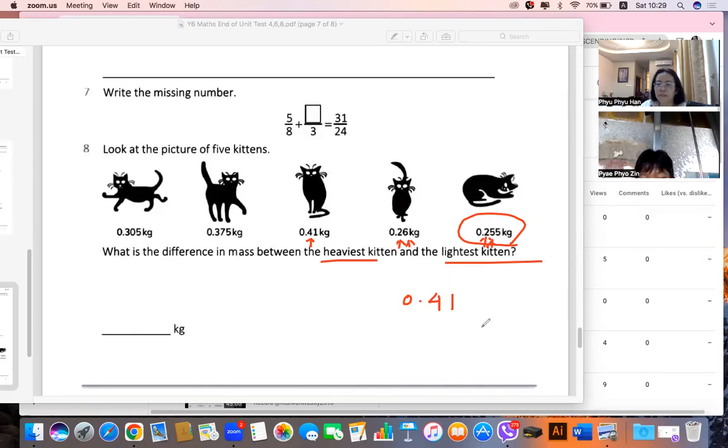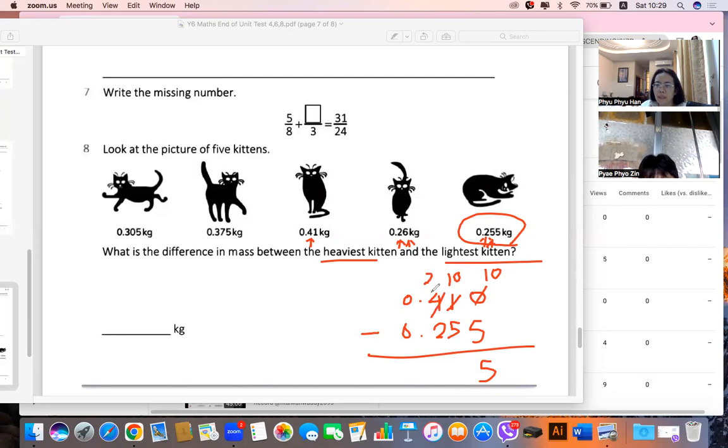So 0.255. We will minus, okay? Here I put 0 to make it easier for you to see. So 10 minus 5, what do we get? 5. 10 minus 5, 5. So this one becomes 0 and also 10 again.